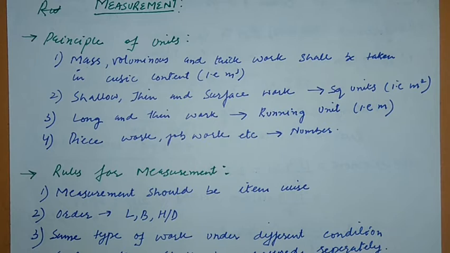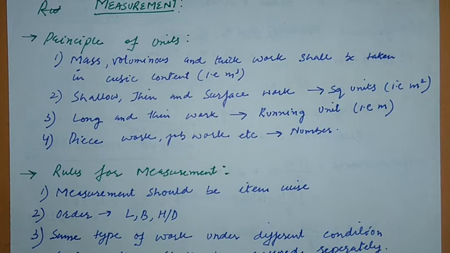The second is shallow, thin and surface work. It should be given the unit of square unit. That means it should be measured in square units, that is meter square. For example, the case of surface dressing and leveling, where only the length and the breadth is important to us.